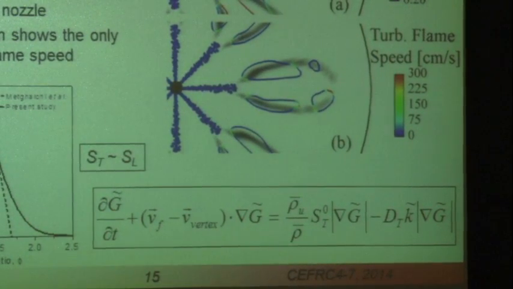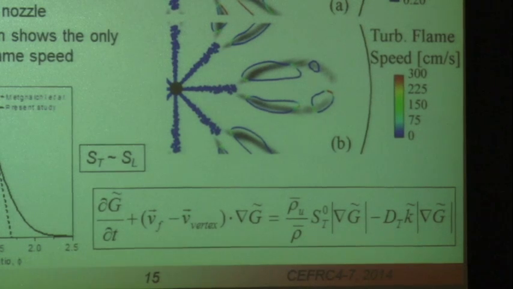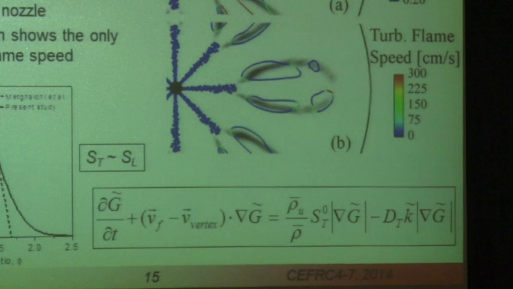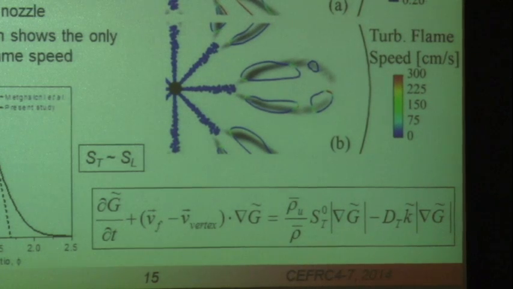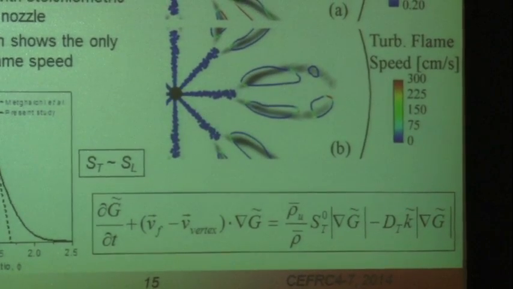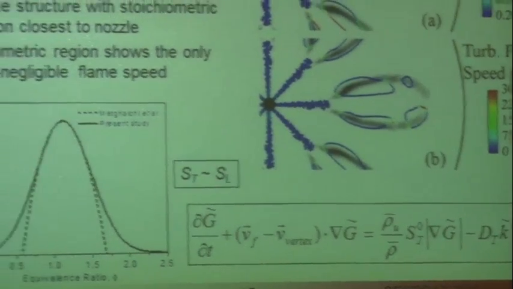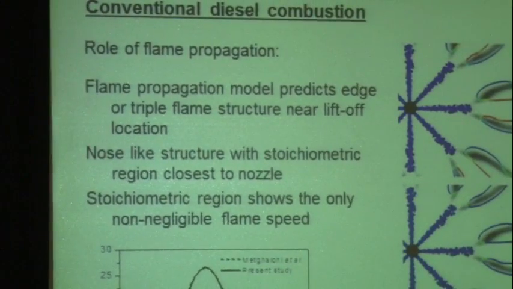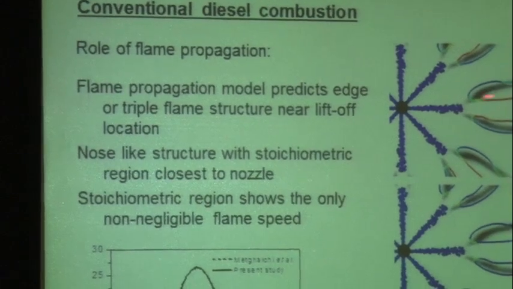However, if we ran this same code without the G model, we found very similar results, because in terms of the background here, shown in gray, which is the OH, the location of the OH. So essentially, the results show that the flame propagation model predicts this edge or triple flame structure right here at the nose.